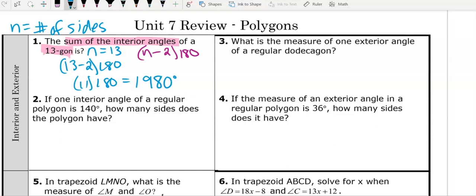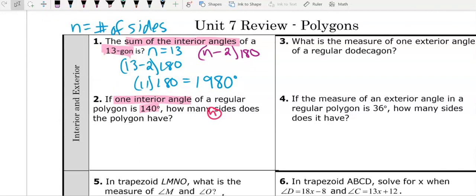Number 2, it says only one interior angle is 140 degrees, how many sides does this polygon have? So here we're looking for n, the number of sides. I will show you a quick way to do this and then a long way to do this.